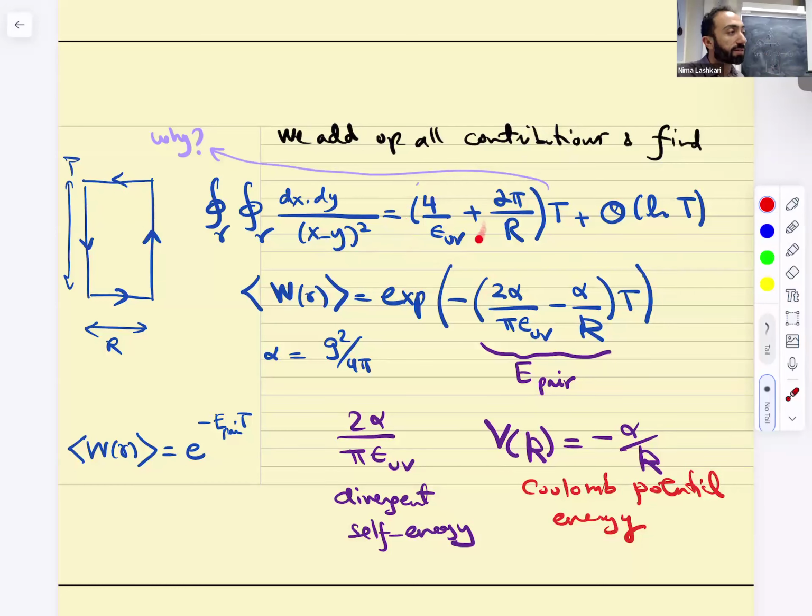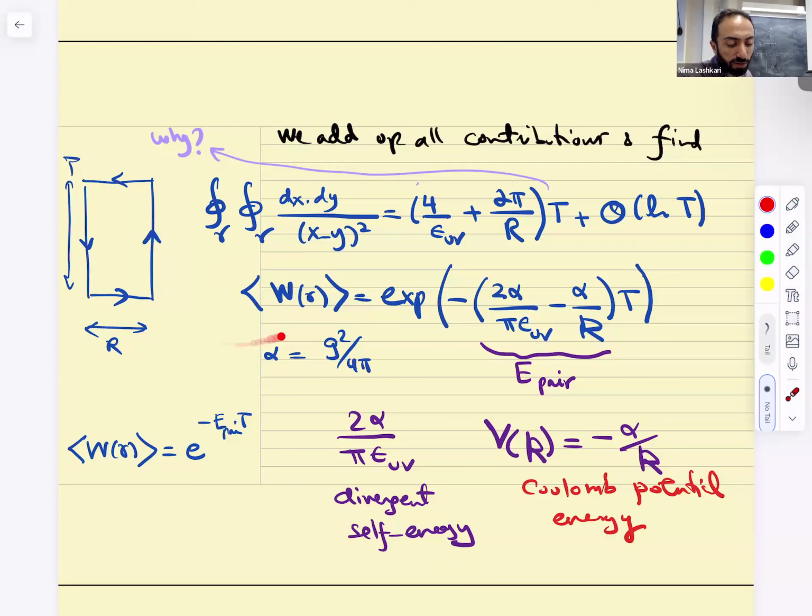That will give you a UV divergent term, 4 epsilon over epsilon, the UV cutoff, plus 2 pi over r times t. This is the result of the calculation, just a simple integral to do. And this is the reason for large t, with ln of t corrections.